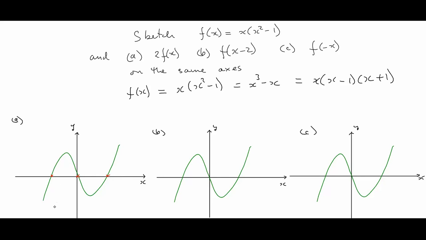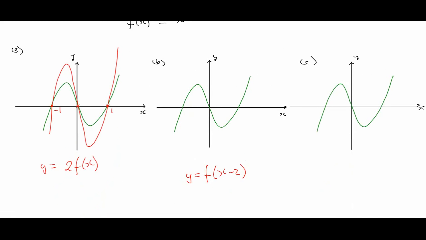And so this would look something like that. When you're asked to sketch these, you must indicate the points where the curve crosses the coordinate axes. Here it is 1, 0, well that's the origin, that's already specified by the axes, and minus 1.